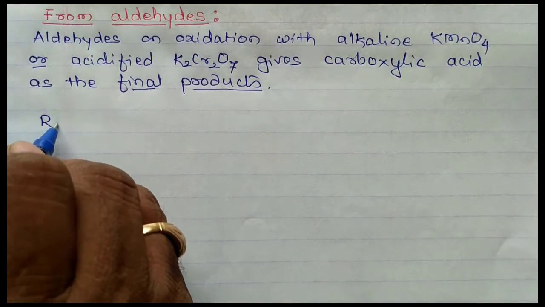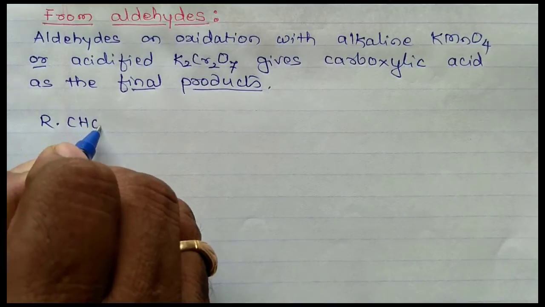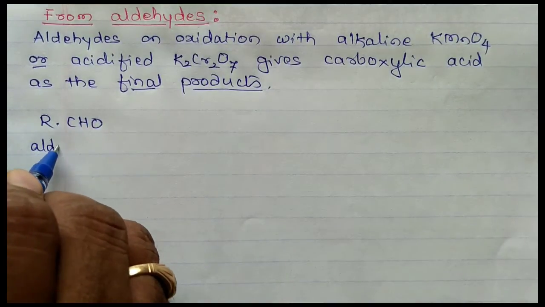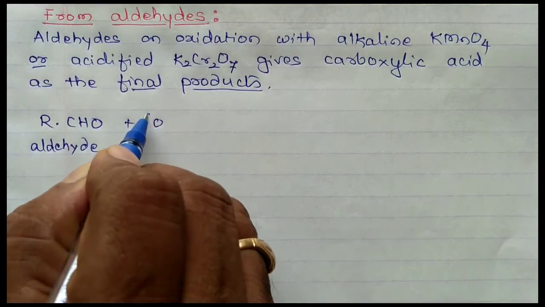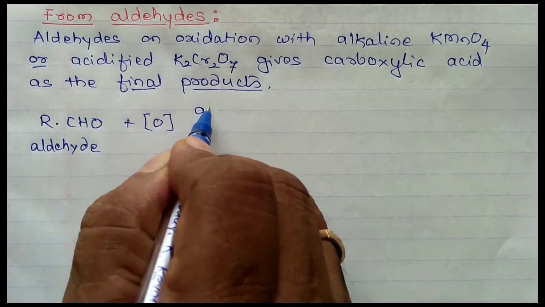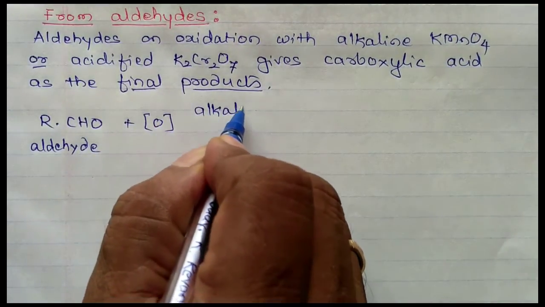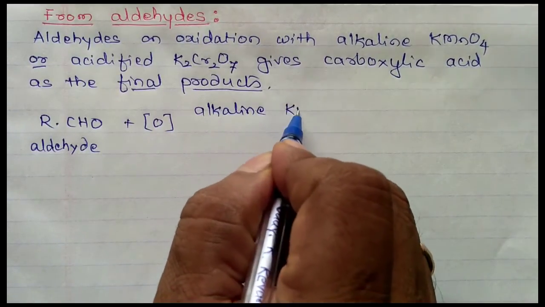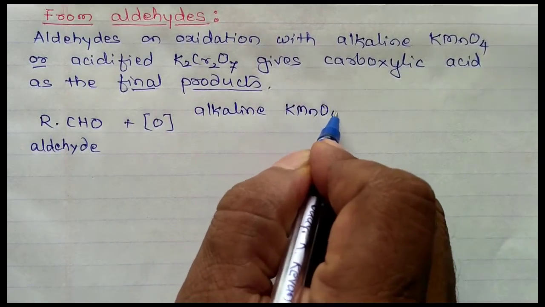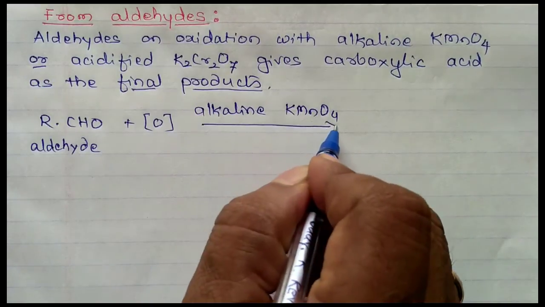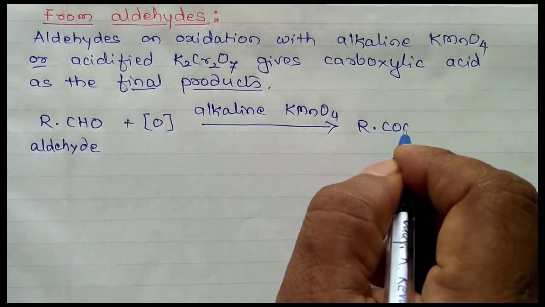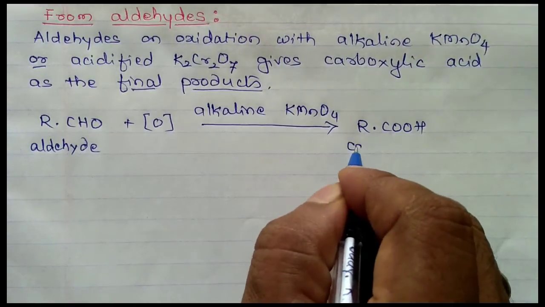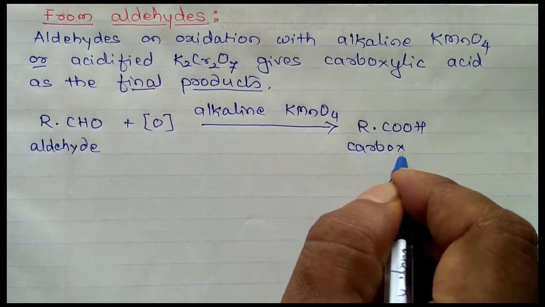RCHO represents the general formula of aldehyde, which undergoes oxidation with alkaline potassium permanganate or acidified potassium dichromate solution, and you are going to get carboxylic acids as the final product.